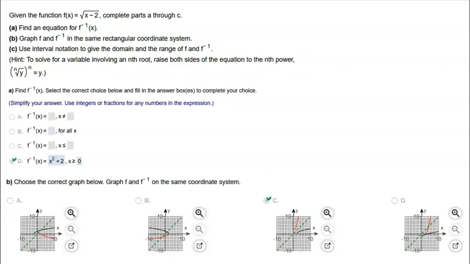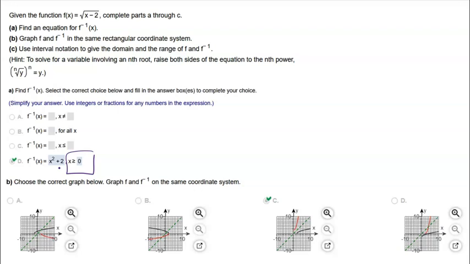So again, notice for part A, there's our x squared plus 2 that we calculated on the previous page, right? And then there's that extra, x is greater than or equal to 0. Why? You can plug in any number you want into x squared plus 2, but the inverse of this is only the right half of that parabola when you reflect it through.